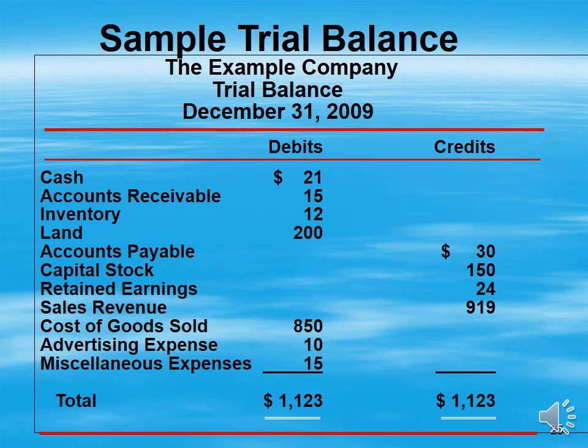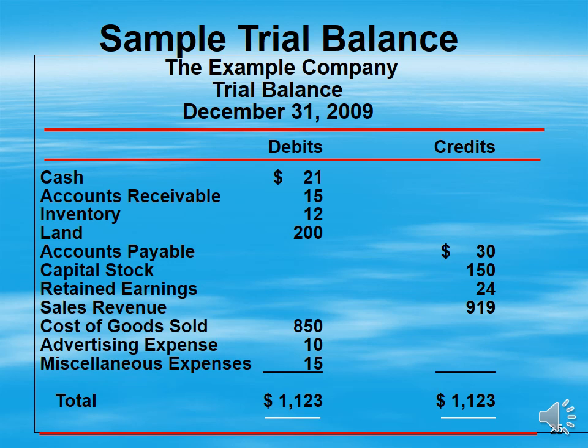You can see here the cash account has a debit balance. Account receivable, inventory, and land also have debit balances. But the account payable, the capital, retained earnings, and sales revenue, they have credit balances.